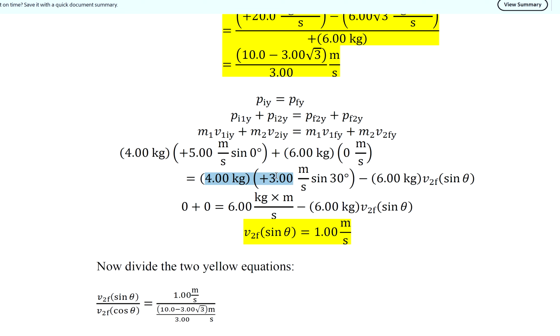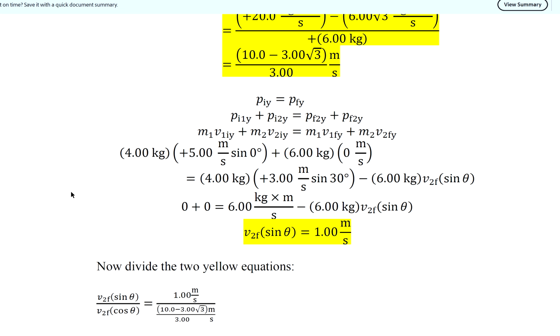At the end, I'm going to have m1 v1 sine theta final plus m2 v2 sine theta final. So now I have this equation here.